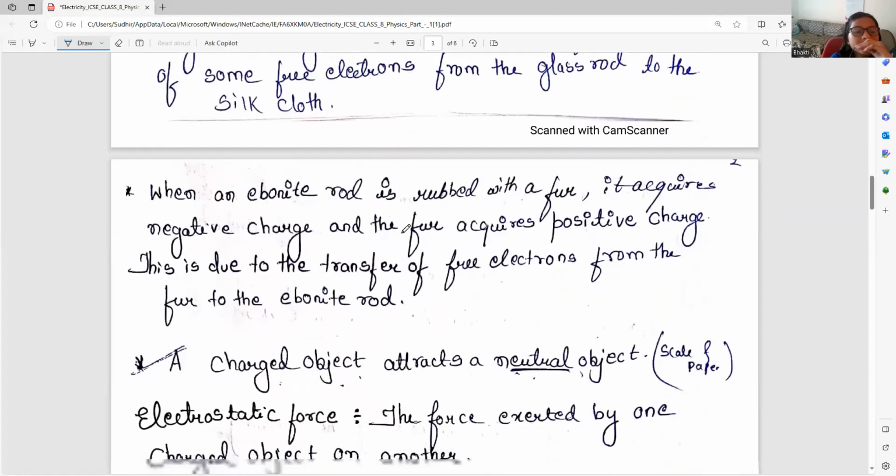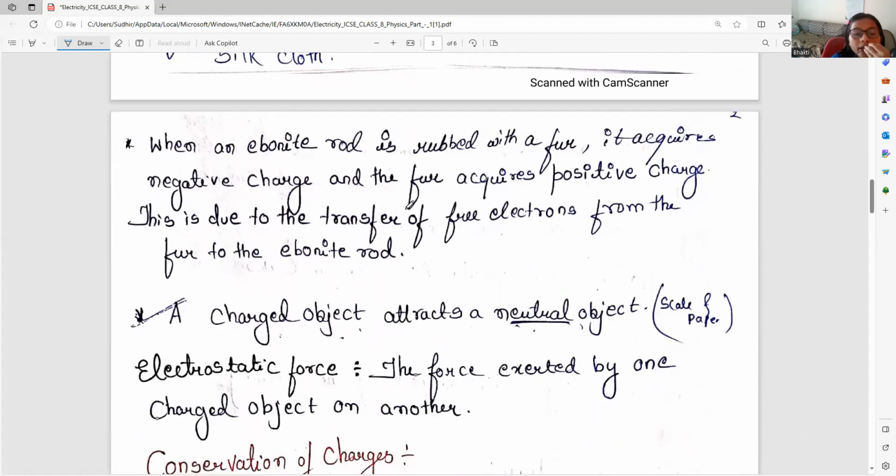When an ebonite rod is rubbed with fur, it acquires negative charge, because the free electrons of the fur go to the ebonite rod.